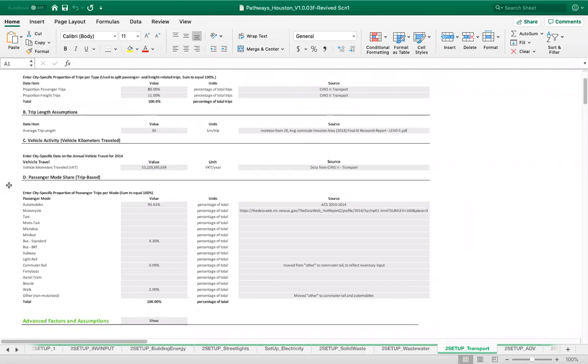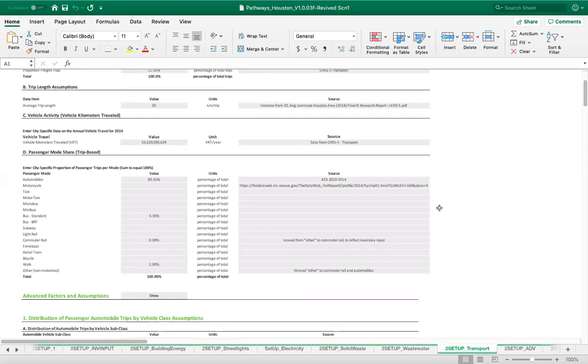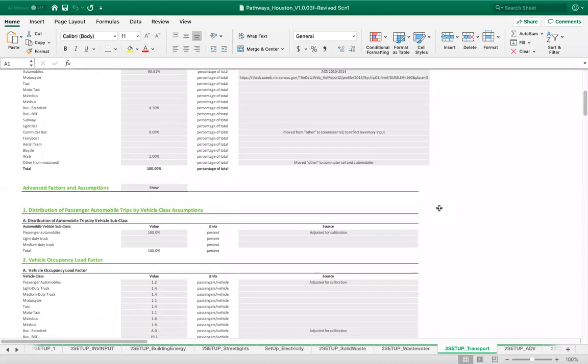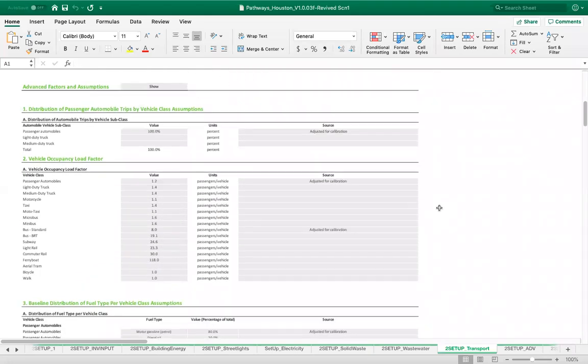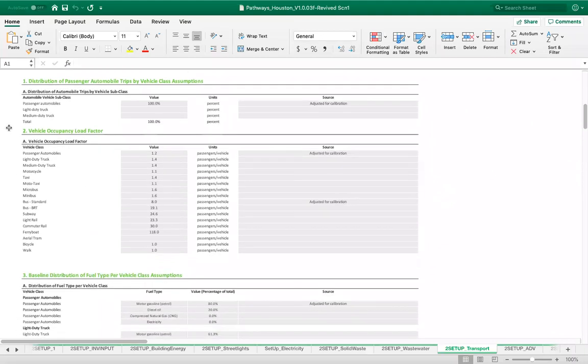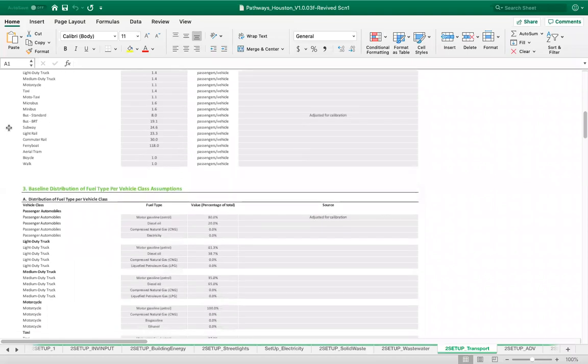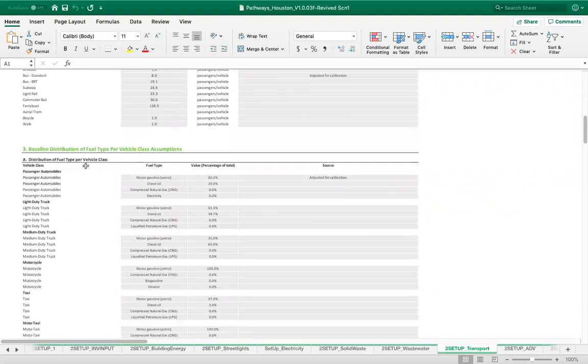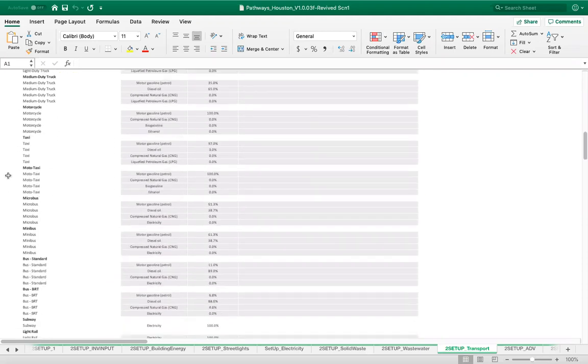And you'll see where possible, we've noted the exact data sources for these characteristic inputs for the city. And then similarly, there's the ability to look further in detail at how those vehicles are used, what the nature of those vehicles is. So distribution of vehicles by fuel within each of those classes.